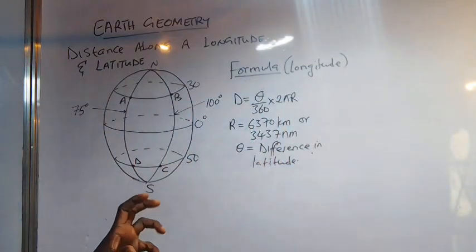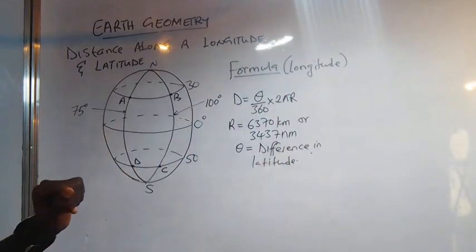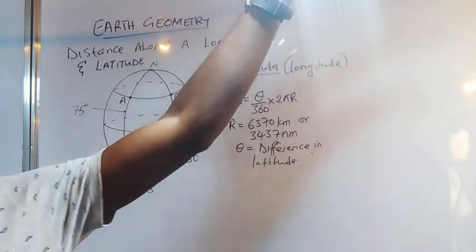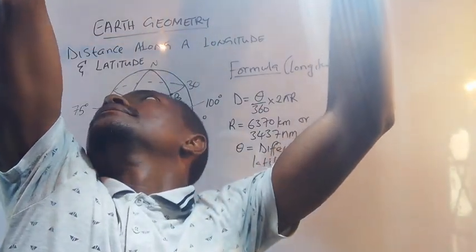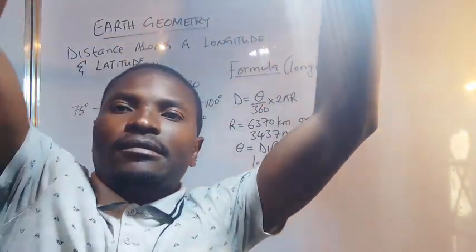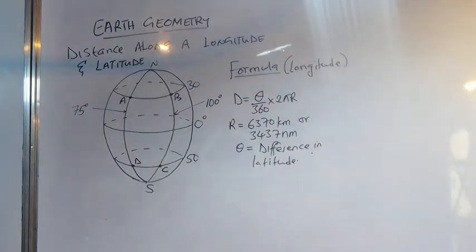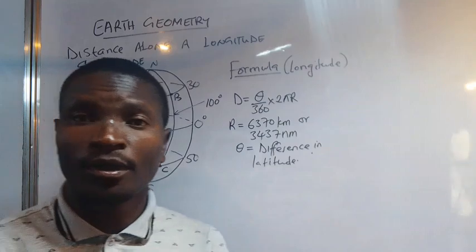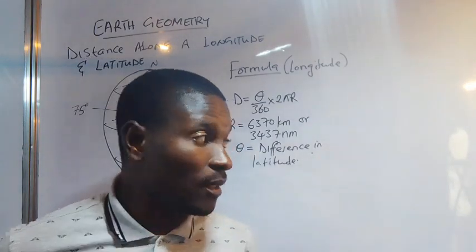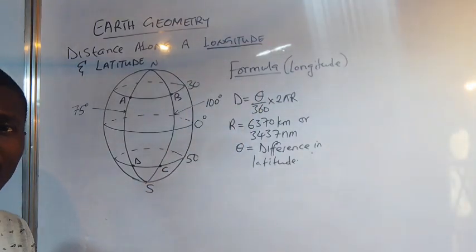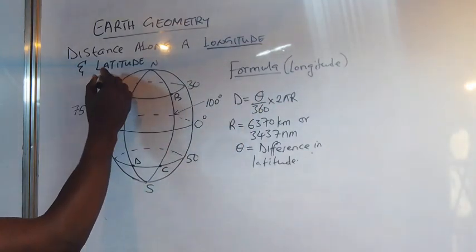So now what you can see is we have a longitude, and we have said that a longitude is that, and a latitude.